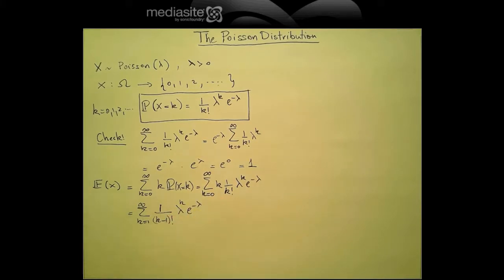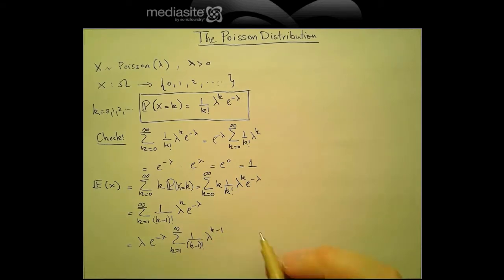Now let me try to factor out some things. e to the minus lambda can come out, and also one of these lambdas can come out. So I'm going to get lambda e to the minus lambda times the sum from 1 to infinity of 1 over k minus 1 factorial lambda to the k minus 1.